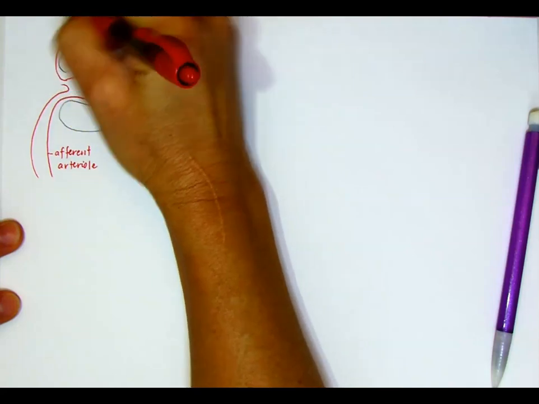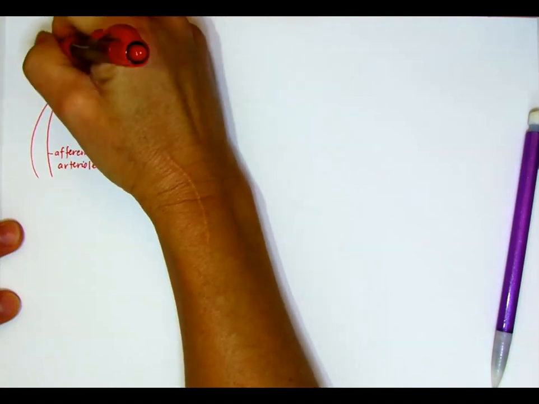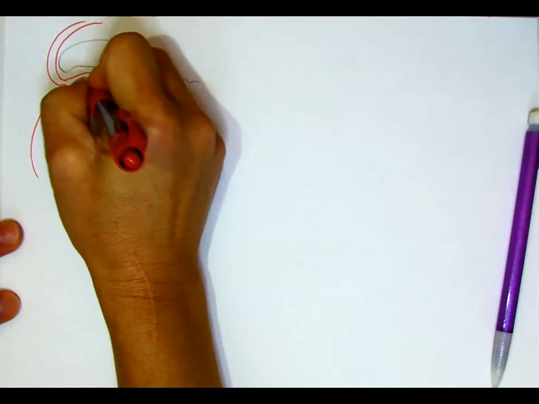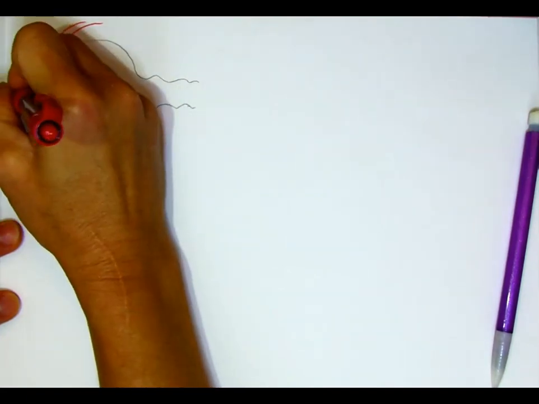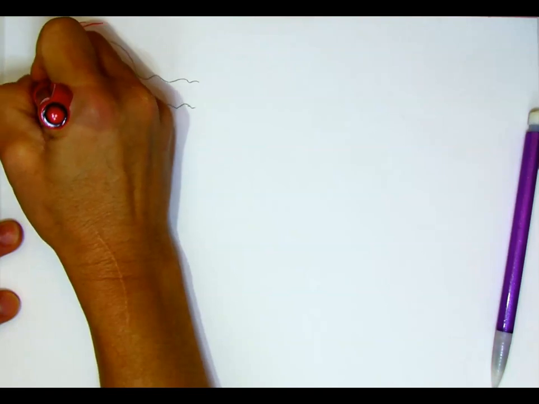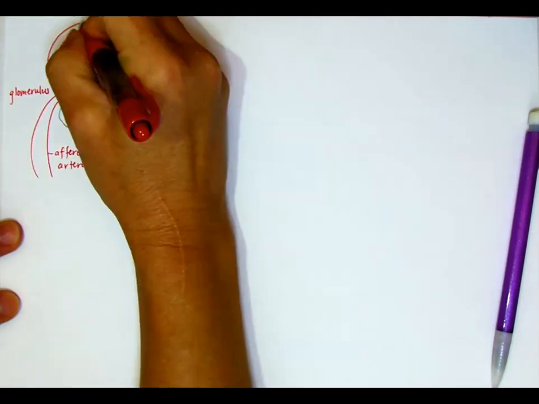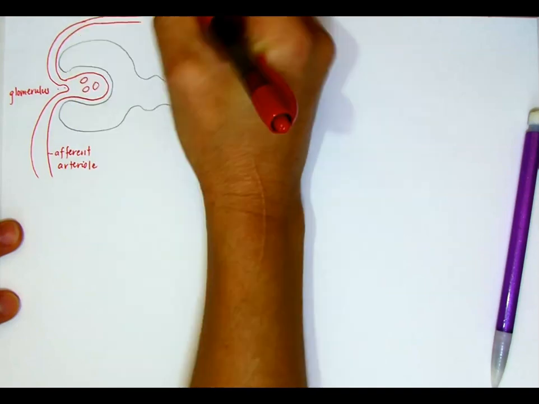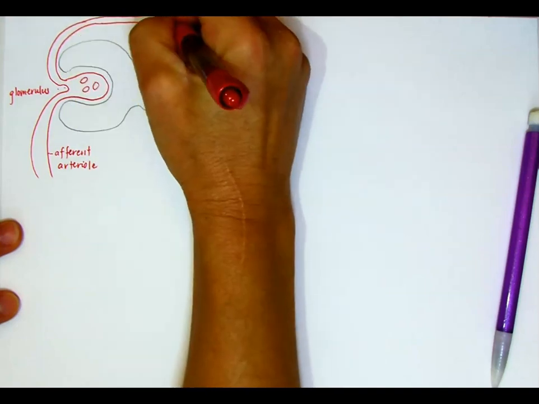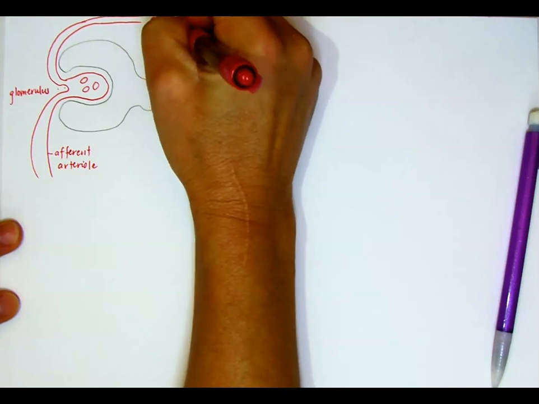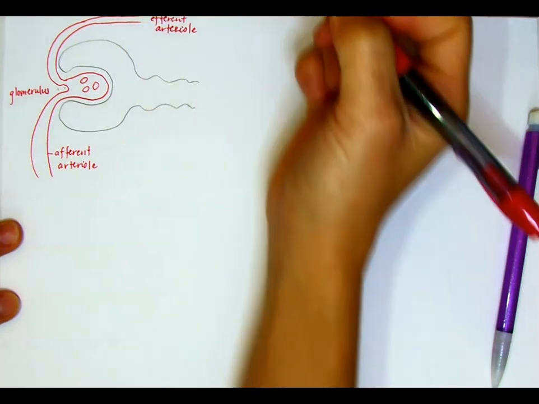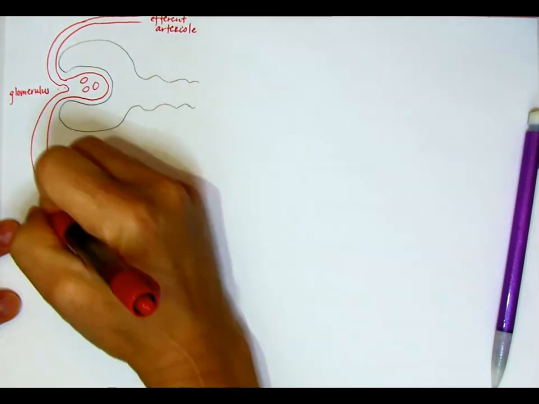This section here, this is our glomerulus, which is a fenestrated capillary. So remember, there's slits in here, yes? And then this is going to be our efferent arteriole. Now, as blood comes in, yes, so I'm going to put an arrow. This is our blood flow.